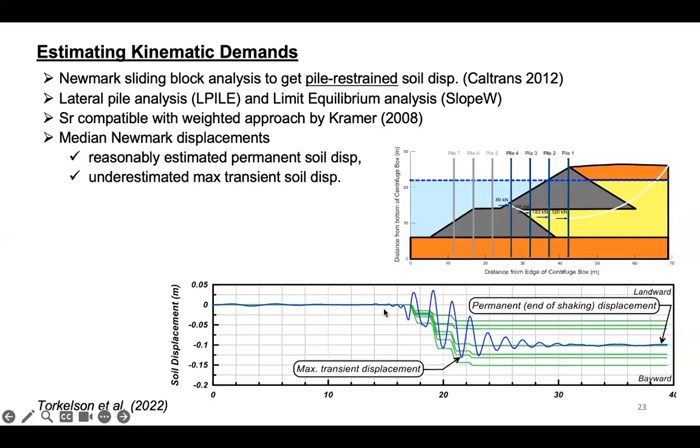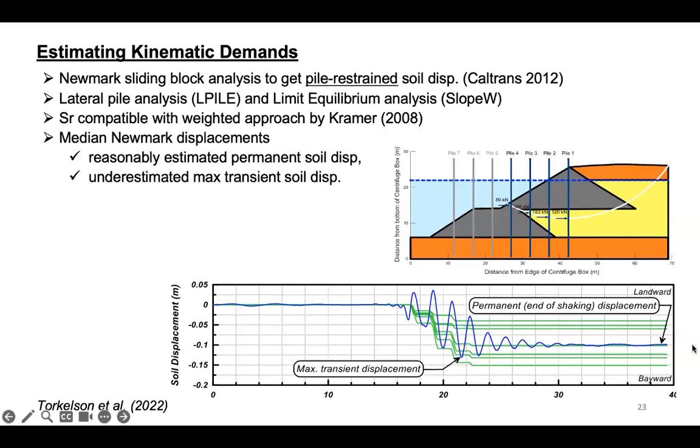What we wanted to check was whether the displacements that we estimate using Newmark block analysis resemble the peak displacements or the permanent displacements. What you see in blue is the displacements recorded in the centrifuge test. The peak transient displacement is somewhere around 0.13 meters, but the permanent displacements are smaller, about 0.1 meter.